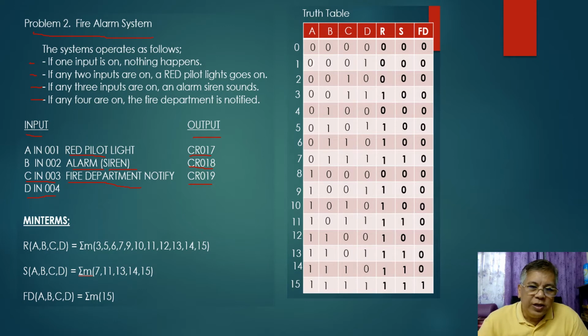Okay, so from these particular conditions, we interpret this using our truth table.